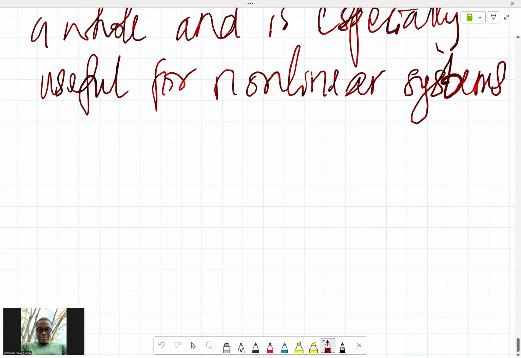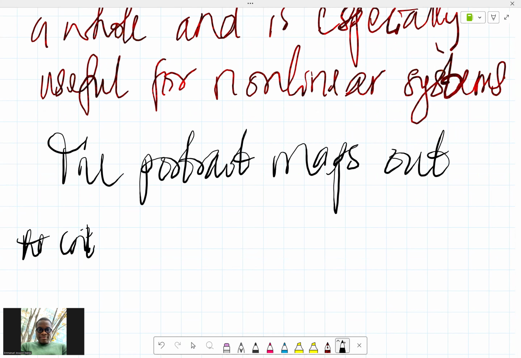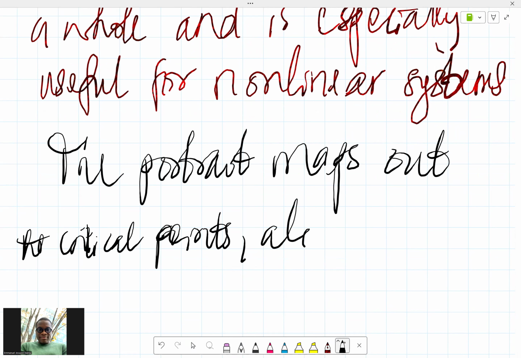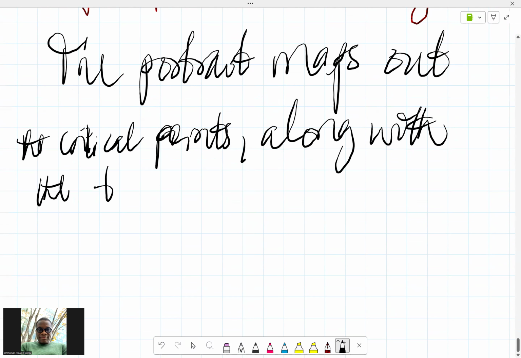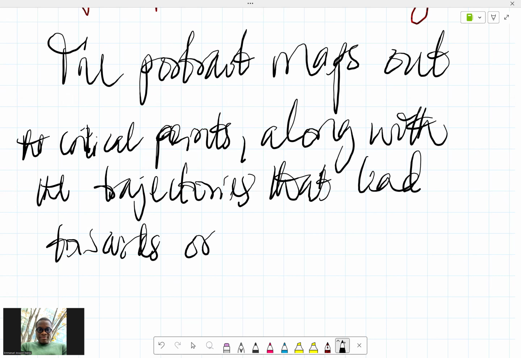The portrait maps out the critical points along with the trajectories that lead towards or away from these points.